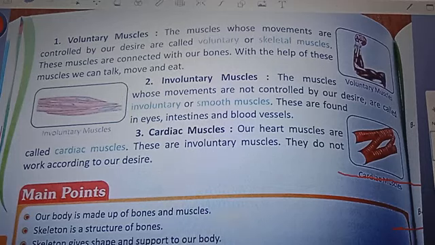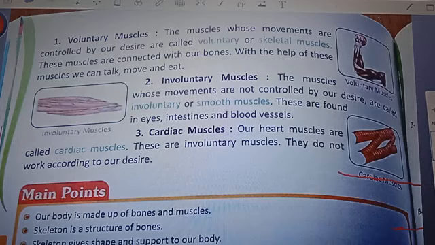Earlier we said that voluntary muscles only move with our control. But in the case of involuntary muscles, it's just the opposite. It means they move on their own, whenever the need comes.